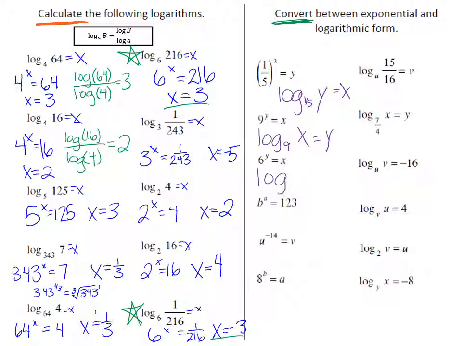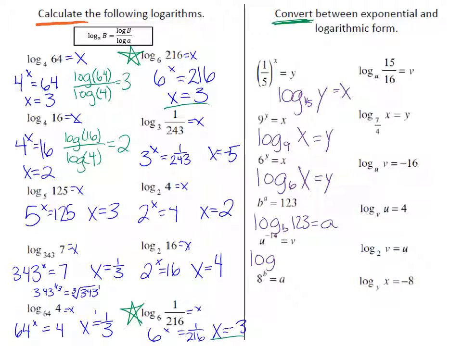The base becomes the base. The exponent becomes the answer. Therefore, the x is your main value. The base becomes the base. The exponent becomes the answer. Therefore, what's remaining becomes your main value.